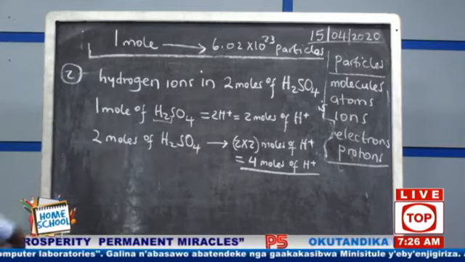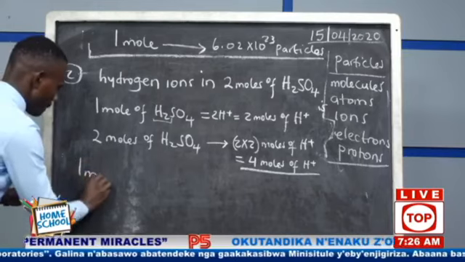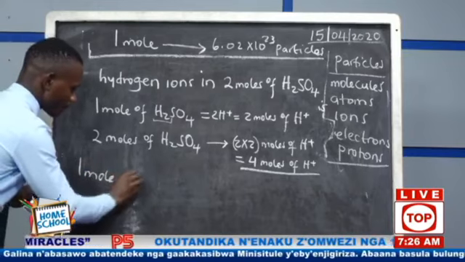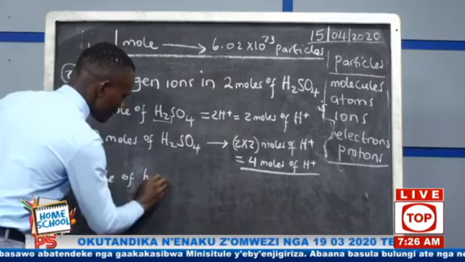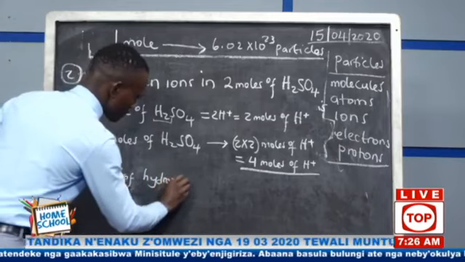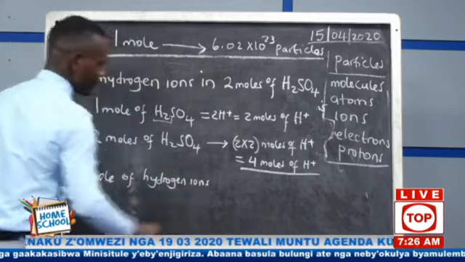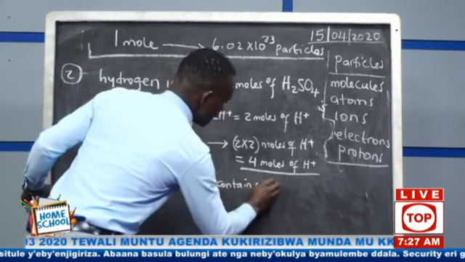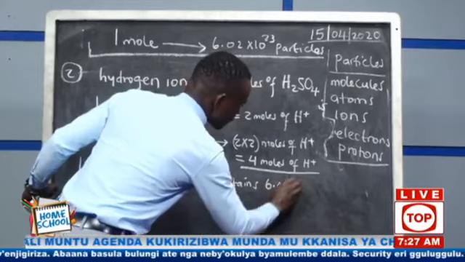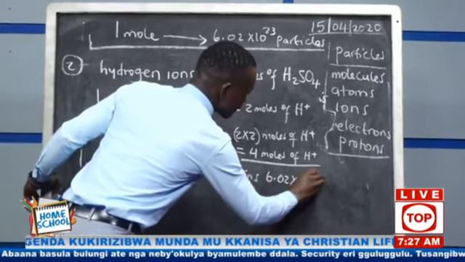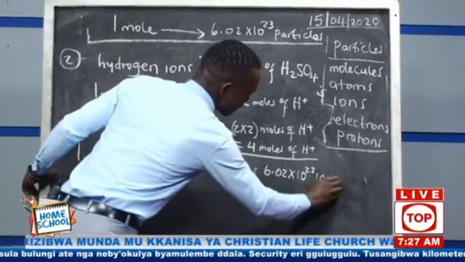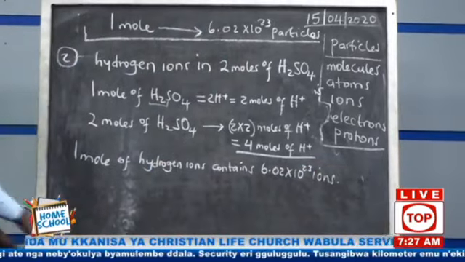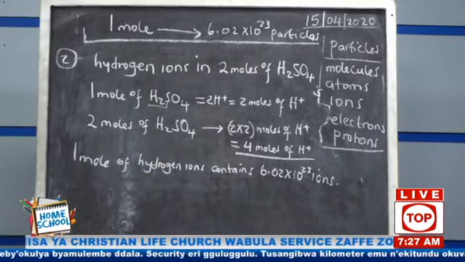If one mole of hydrogen ions contains 6.02 times 10 power 23 ions, have a look at it.